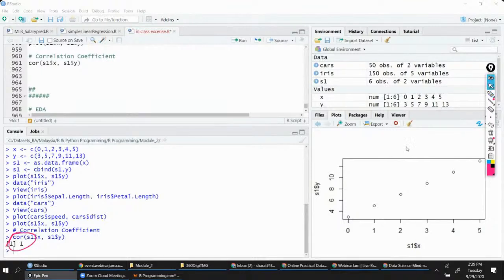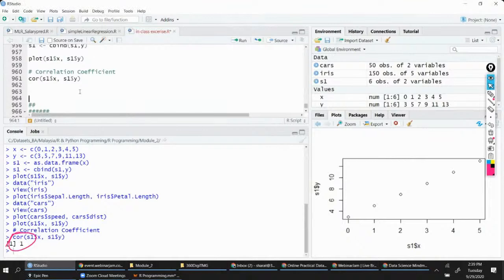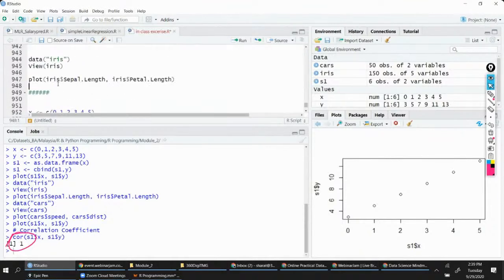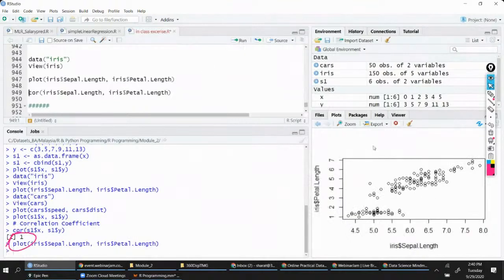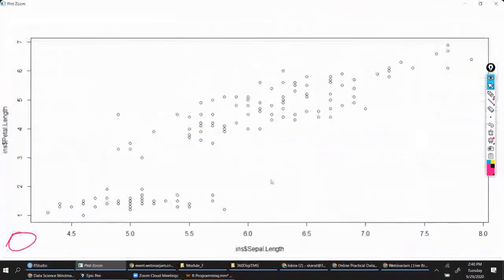Now, if your data is spread away, the spread is more, that means the strength is decreasing. So I'll come here. For this particular iris data set, I'm going to measure correlation between sepal length and petal length. Now, if you look at the visualization, our interpretations could be anything.